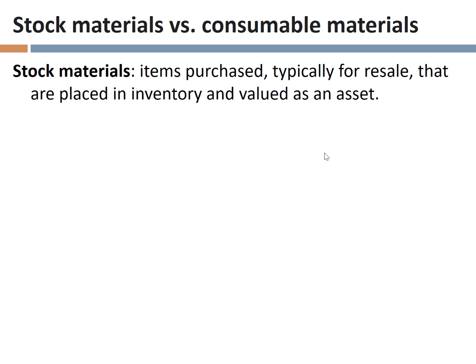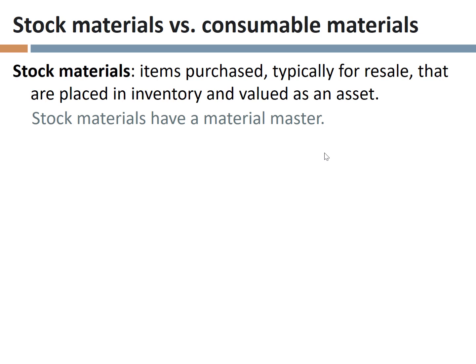So stock materials are those things that we buy typically for resale or for use as a component in a manufactured item that's going to be resold, but we decide that we're going to place this in inventory and value it as an asset. Now, all stock materials have to have a material master.